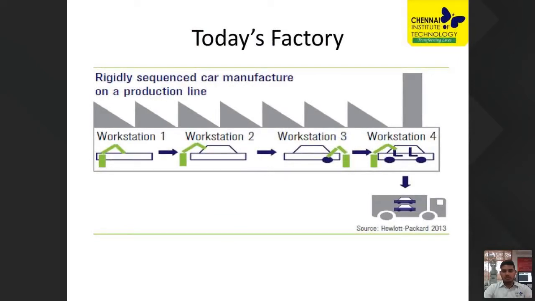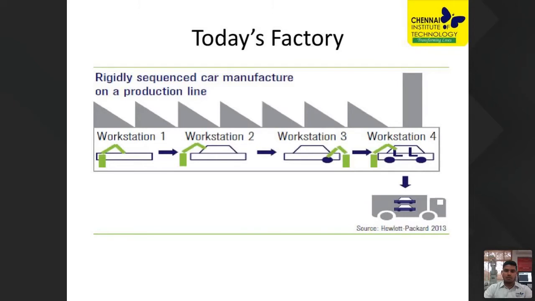So this slide is very, very important, where you can see the sequence of manufacturing that was done before. This is the rigid sequence on a production line. A rigid sequence is where the line keeps moving on. As you would have seen in my previous session, I showed you Tesla's factory, where the robots keep working rigidly at one station while the conveyor keeps moving on to the other stations.